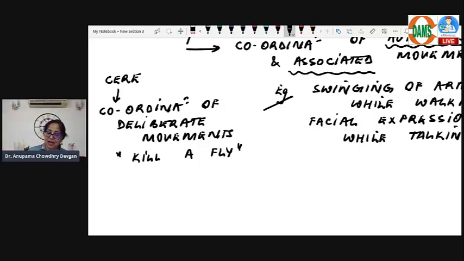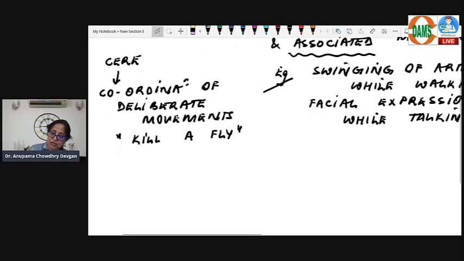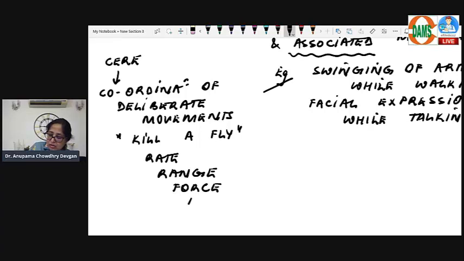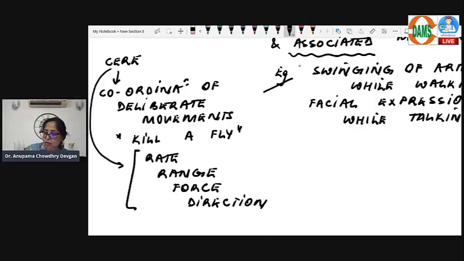While killing a fly, cerebellum controls the rate, it will control the range, it will control the force, and it will control the direction of movement. Cerebellum controls the rate, range, force, and direction of movement.